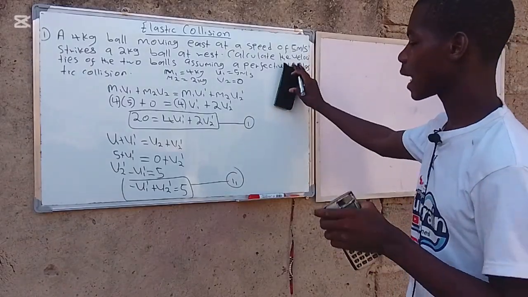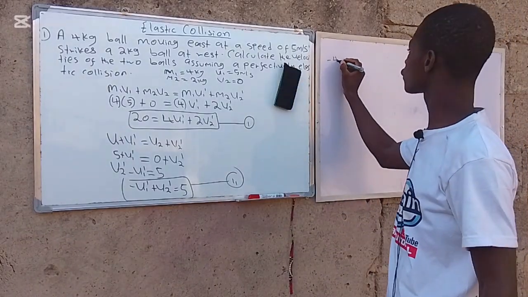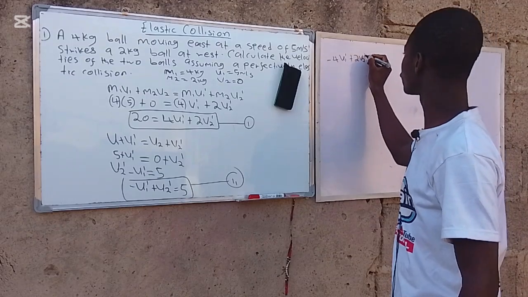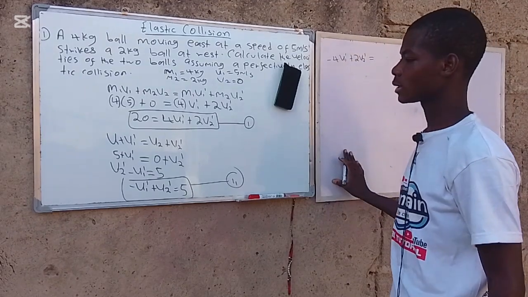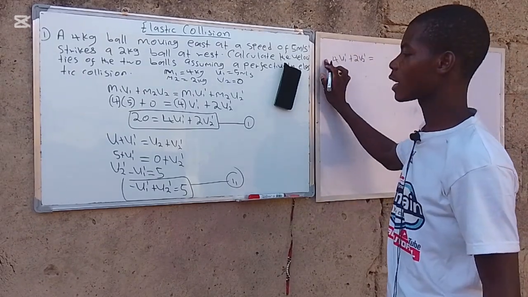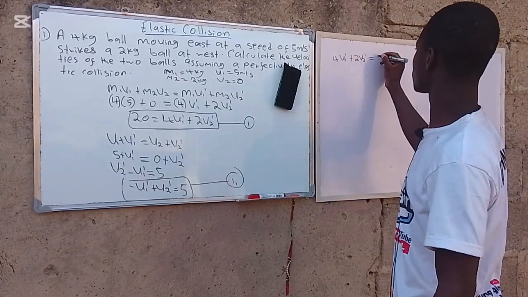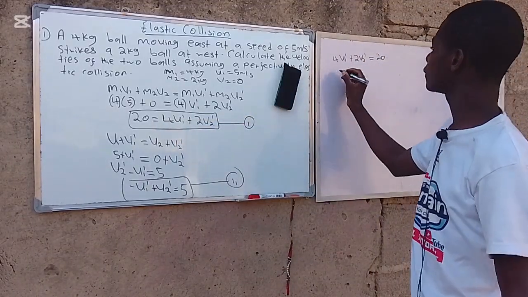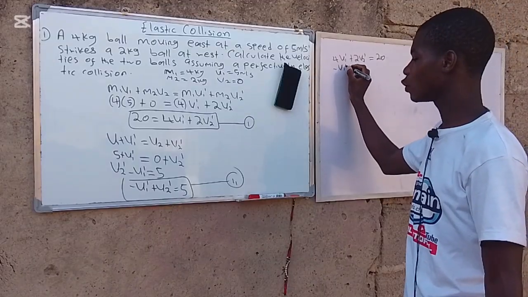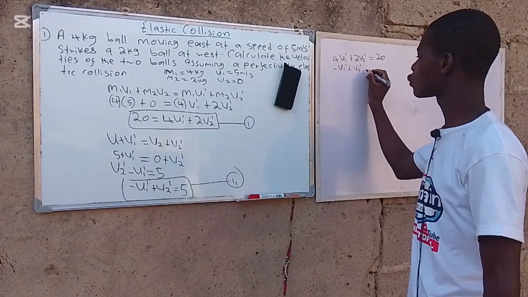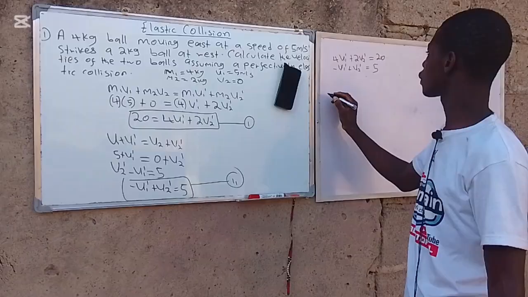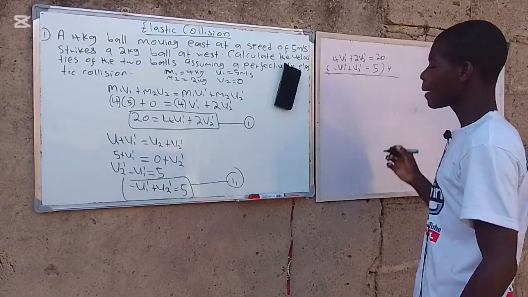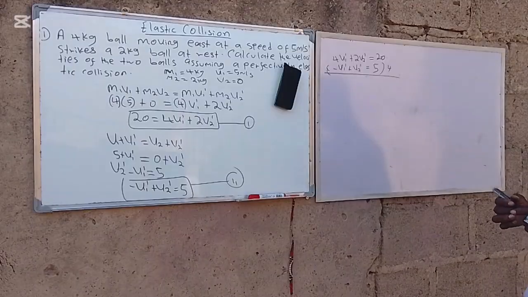So the next thing I'm going to do: 4 v1 prime plus 2 v2 prime equals, okay, this is not minus, it is positive, so this equals 20. This is the same thing as putting it like this. So I have negative v1 prime plus v2 prime equals 5.